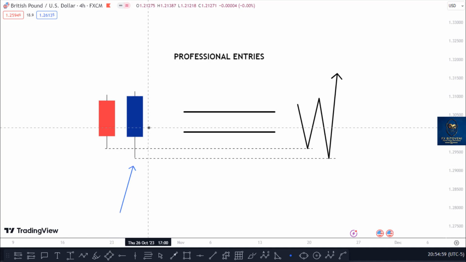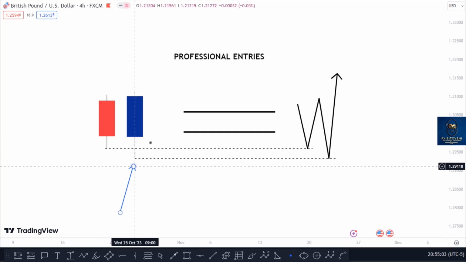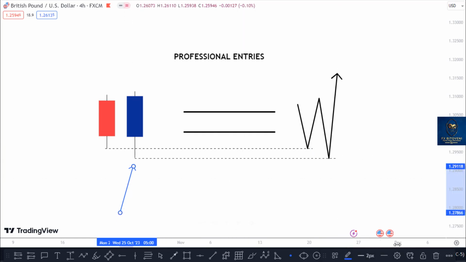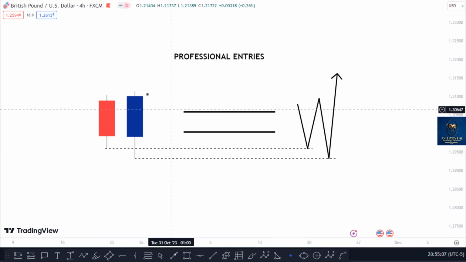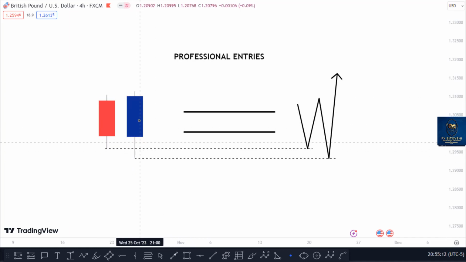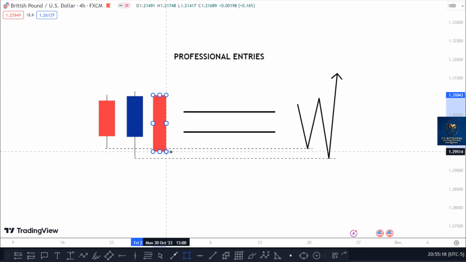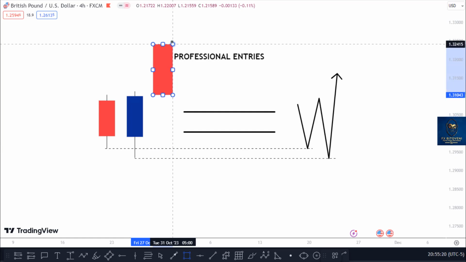So you have to understand this, guys. After they have entered the market, you have to be ready to join them. So what happens, they will come back to test this level. Think about the next candle, how the next candle will come down here before it goes higher.